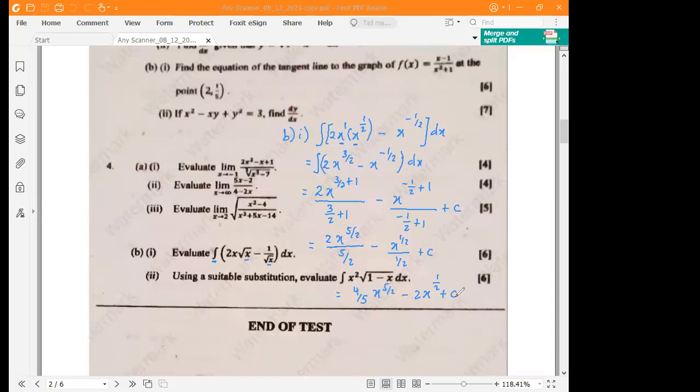That's the final answer. So to integrate, remember, we don't need much product, so where possible, you can get rid of the product.